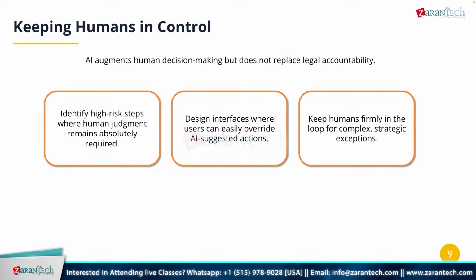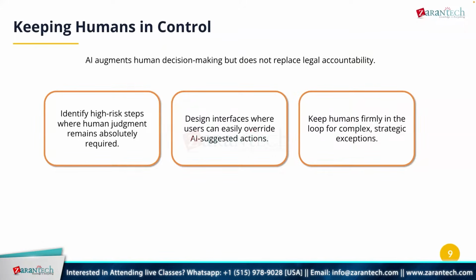That means humans decide and we are accountable when AI recommends. No matter how advanced the model is, AI is decision support and humans will be the decision owners, legally and operationally.